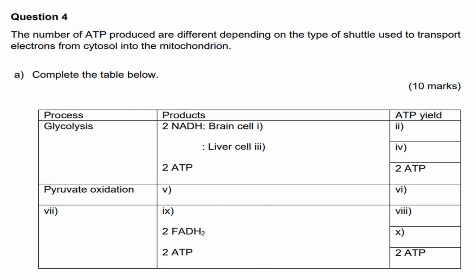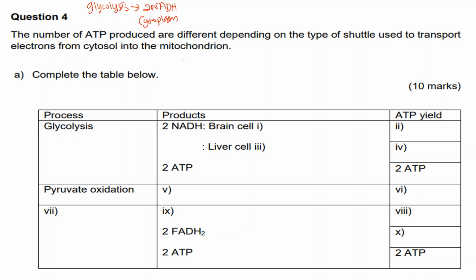The number of ATP produced are different depending on the type of shuttle used to transport electrons from the cytosol into the mitochondrion. You have to know that during glycolysis, it produces two molecules of NADH, but it is produced in the cytoplasm.